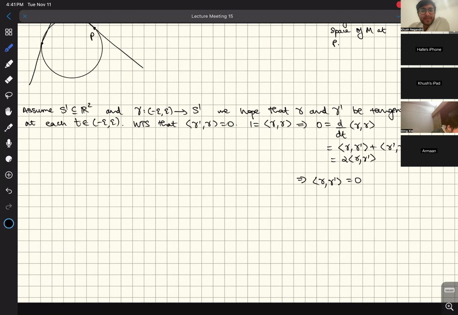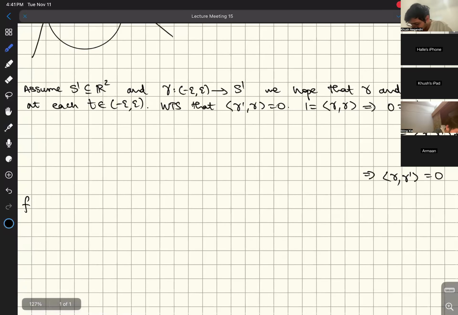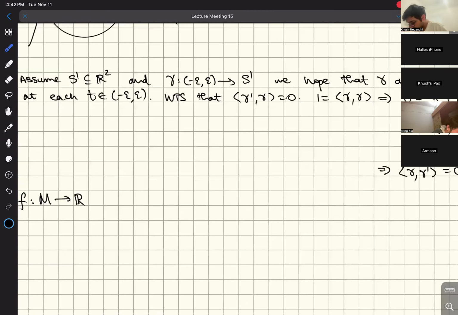And to drive my point slightly further, let's stick with Rn for a bit. Let's now consider a map F from our manifold into R, and say this is smooth, because we know what smoothness means.